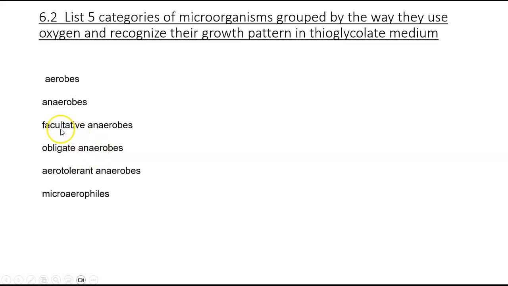Here's a word you're going to see a couple times this semester: facultative. Facultative in microbiology means you can, but you don't have to. So this is saying you can be an anaerobe, you can survive in the absence of oxygen, but you don't have to.